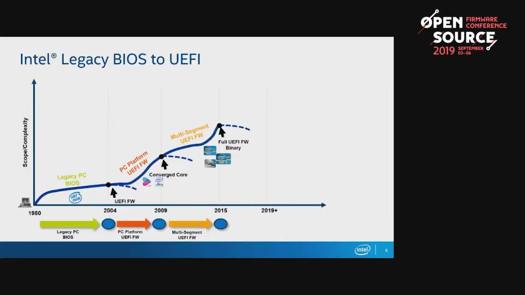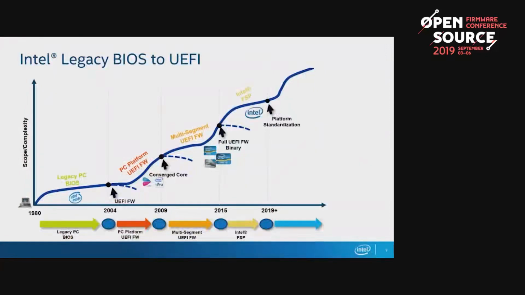Then we started working on the FSP, and it's actually around 2012 that this happened. We weren't providing the platform code, and people wanted to be able to wrap their silicon init code in projects like coreboot and U-Boot. To do that in a consistent way, we developed the Intel FSP, and that comes in the picture to satisfy that silicon pillar.